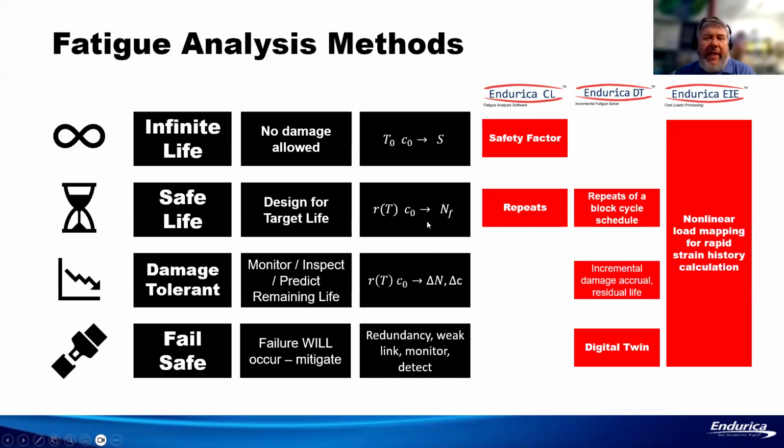Endurica uses a fracture mechanics based approach, and we take the crack growth rate law. We assume that there are cracks of a particular size at the beginning of the problem, and we calculate how quickly those cracks grow until end of life. So if you give me a load case, I can calculate repeats of that load case to predict the life of the part.